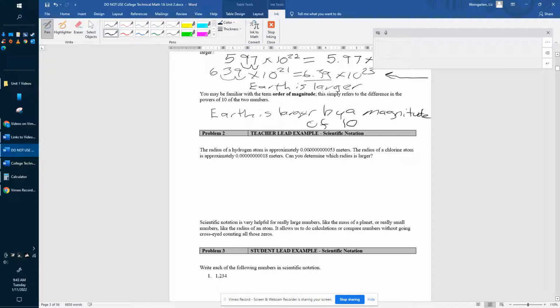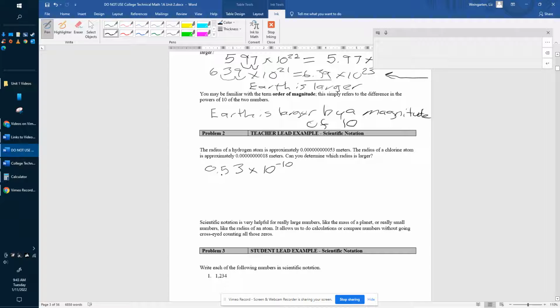So we have 1, 2, 3, 4, 5, 6, 7, 8, 9, 10 zeros. I'm going to double check. 1, 2, 3, 4, 5, 6, 7, 8, 9, 10. So this means that we have 0.53 times 10 to the negative 10. Now it's a negative 10 because the zeros are to the right of the decimal point.